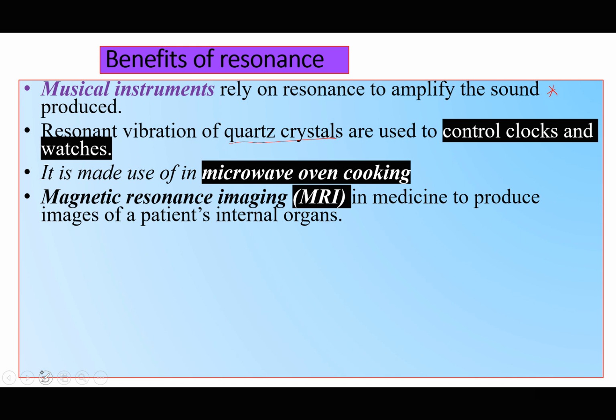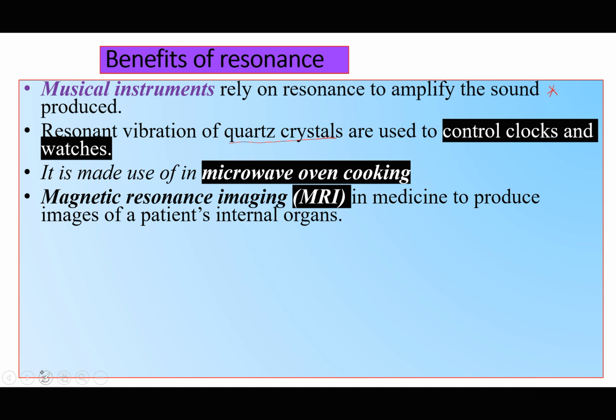Particular frequencies from the range of radio frequencies are absorbed by particular atomic nuclei in the patient's body. The frequency absorbed depends on the type of nucleus and on its surroundings in the body. And by analyzing the absorption of the radio waves, a computer-generated image can be produced. That is the basic application of resonance in MRI.